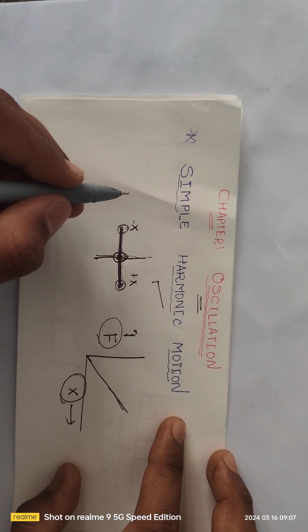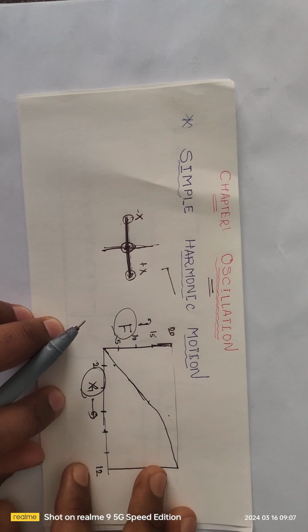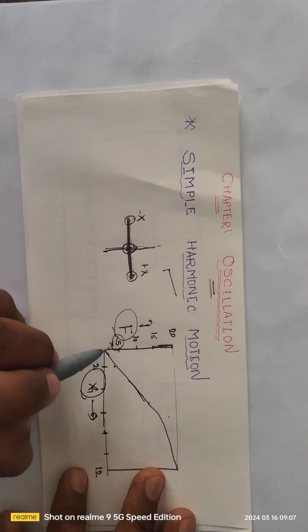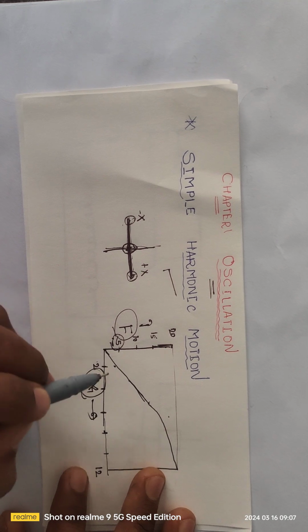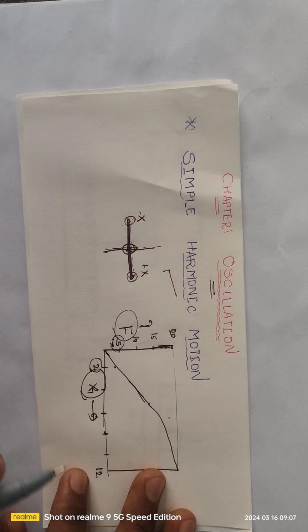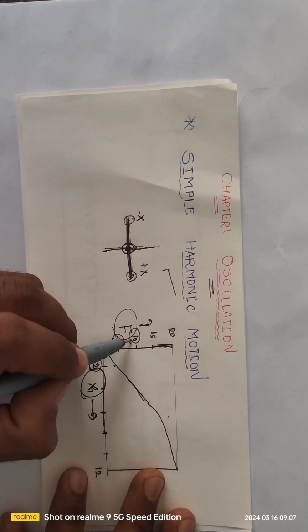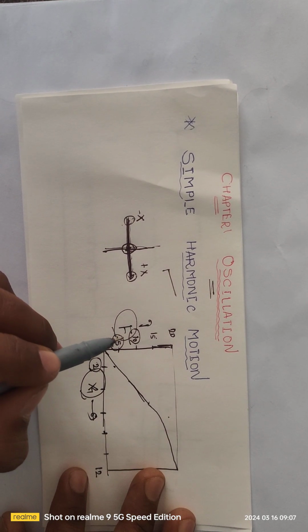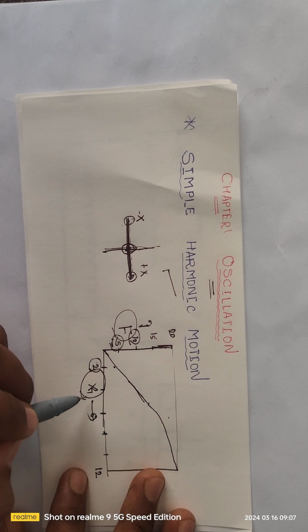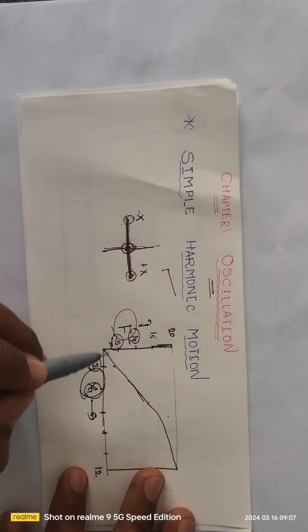So if I apply a force of 5 Newton, suppose the displacement is 2 meter. Again I apply a force of 10 Newton, and the displacement is 4 meter.